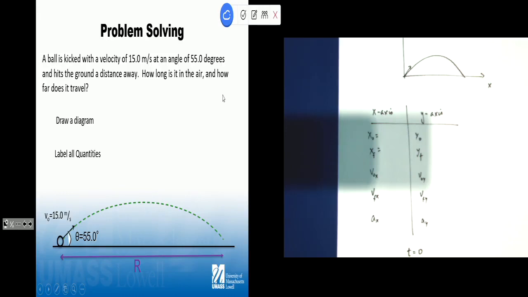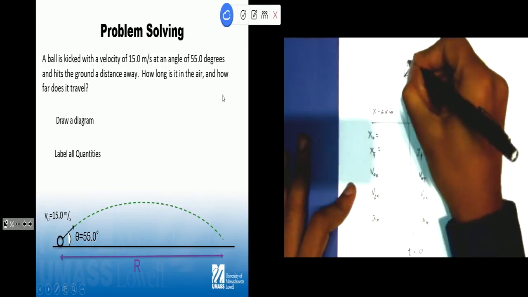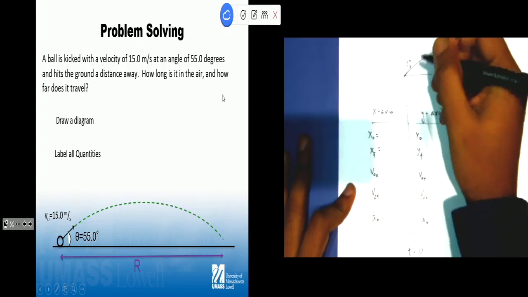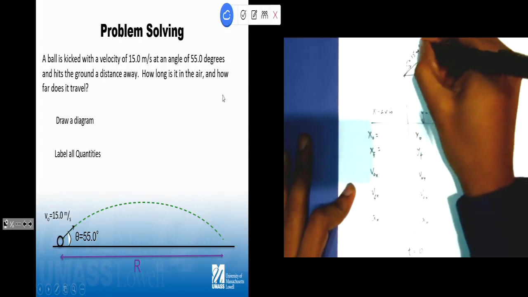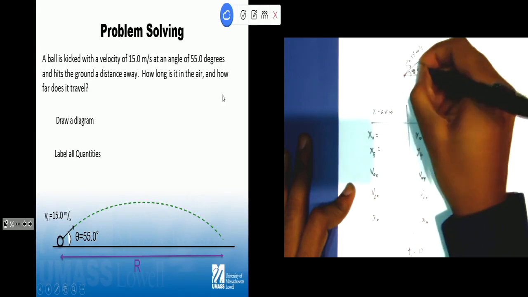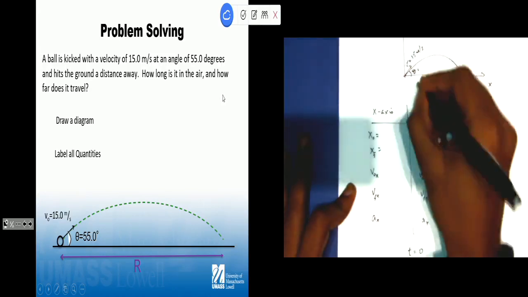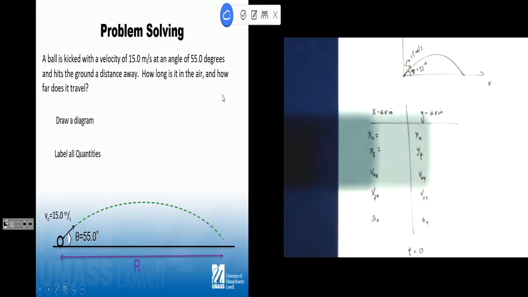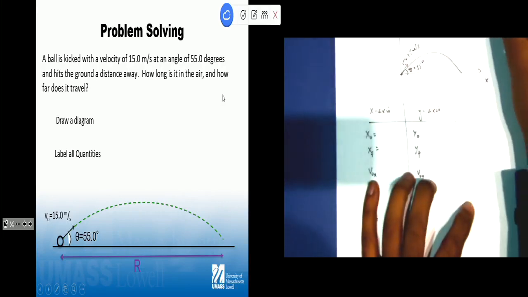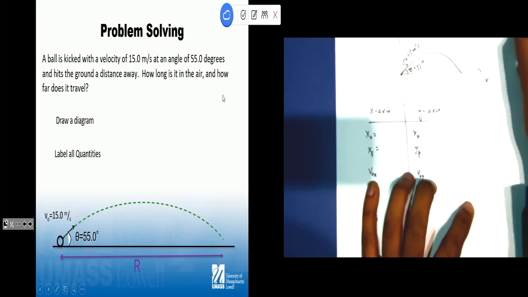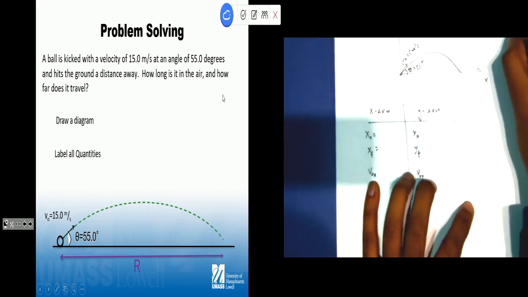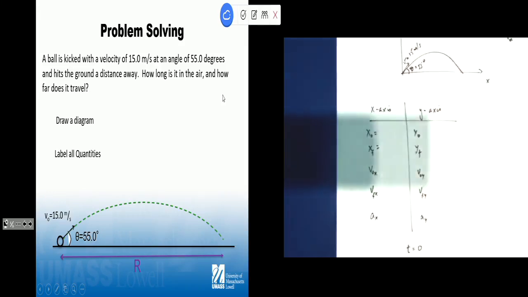So, this question gives me v is 15 meters per second. It gives me theta, this angle, is 55 degrees. Right? So if I consider my velocity vector, right, and this is my initial velocity vector, it has an x component, which is its projection onto the x-axis, and it has a y component, which is its projection onto the y-axis. Right?